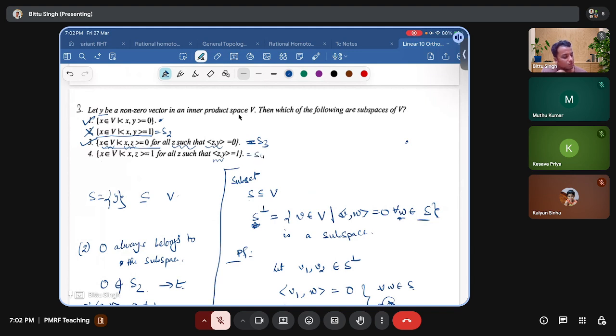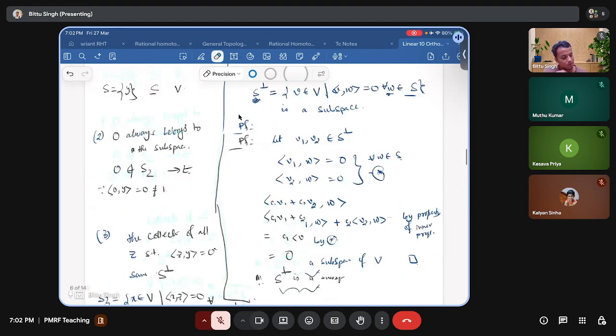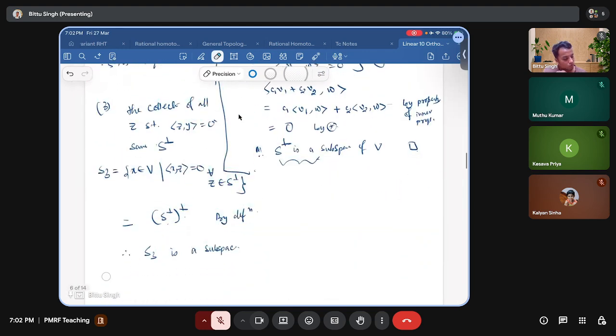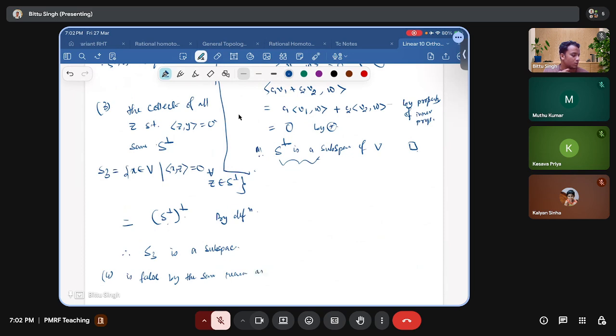If you denote this by S4, then immediately you can see that 0 cannot belong to this set because 0 inner product with anything will always be 0, which cannot be 1. So by the same reason as 2, 4 is false.